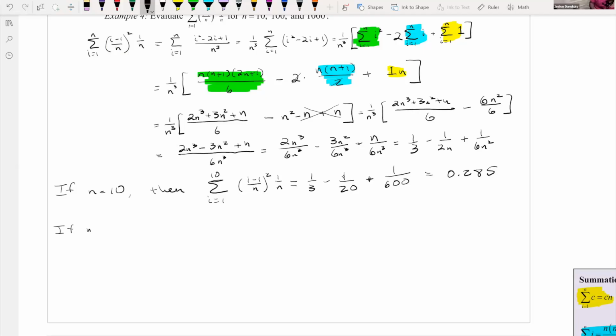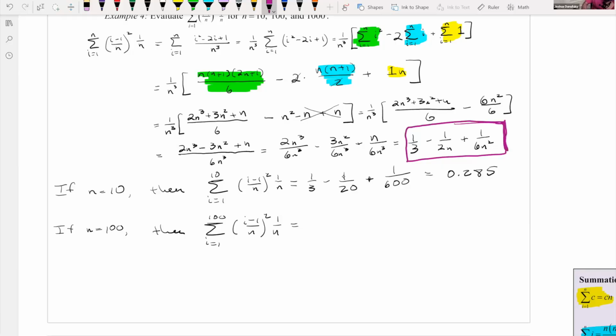If n equals 100, then the summation i equals 1 to 100 of ((i minus 1) over n) squared times 1 over n equals, well, again, let's highlight what we're going to use each time. We're going to use this each time.